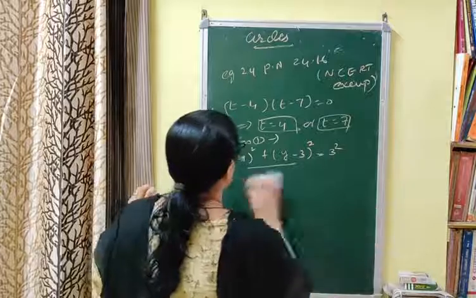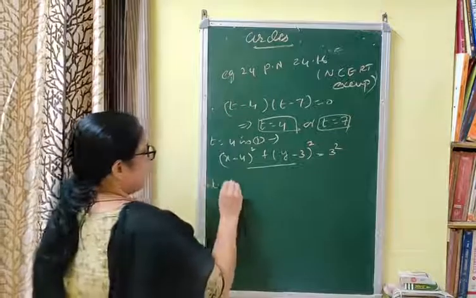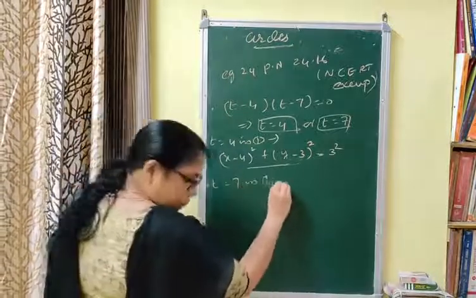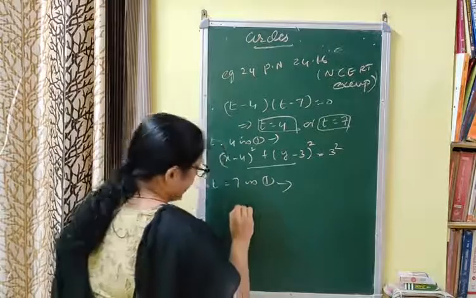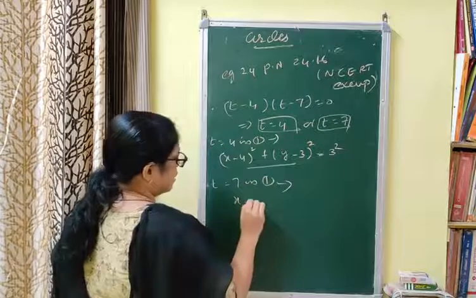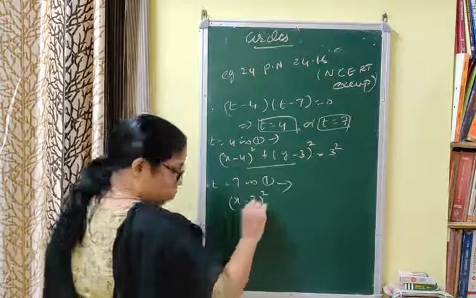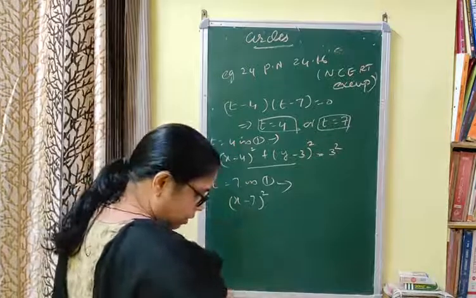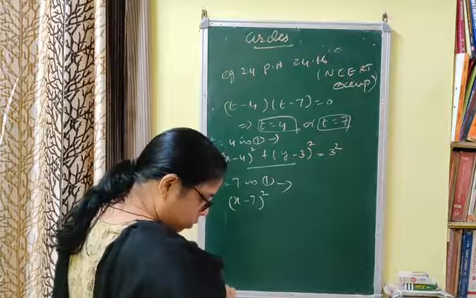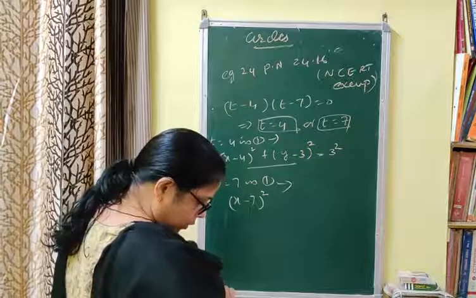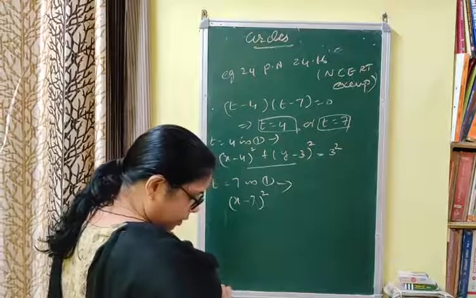Now by putting t equal to 7 in equation 1, what is the next equation? Let me check.